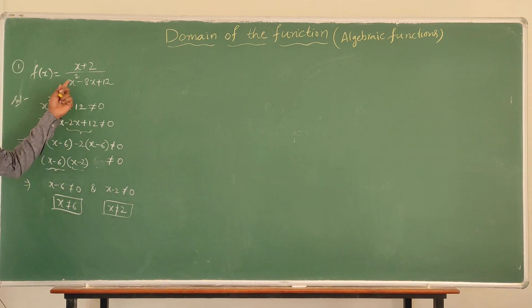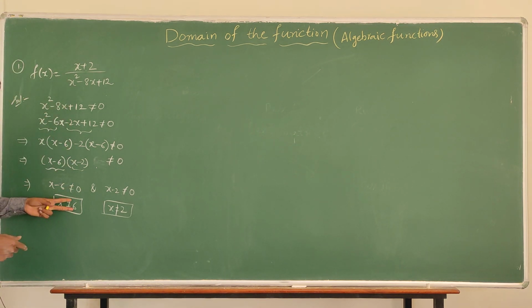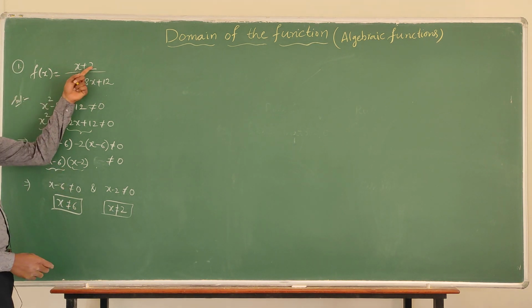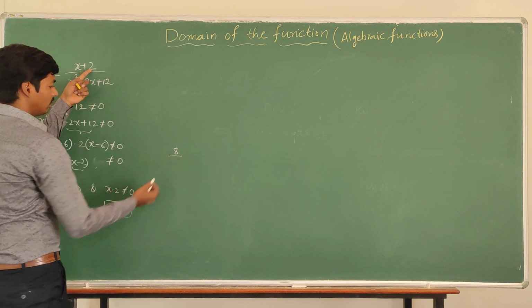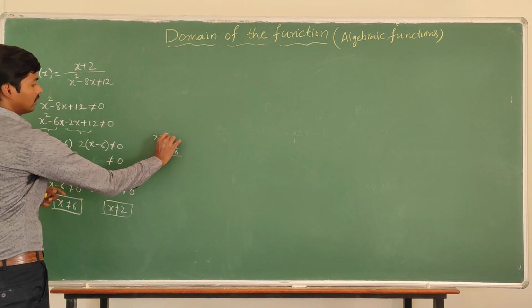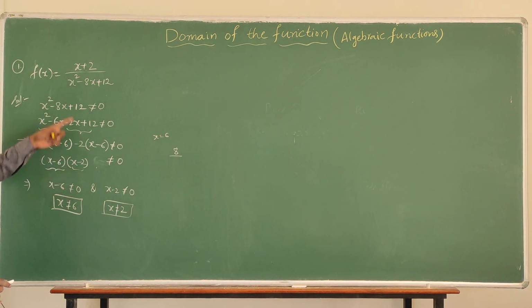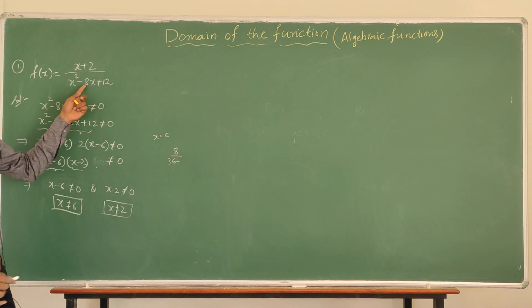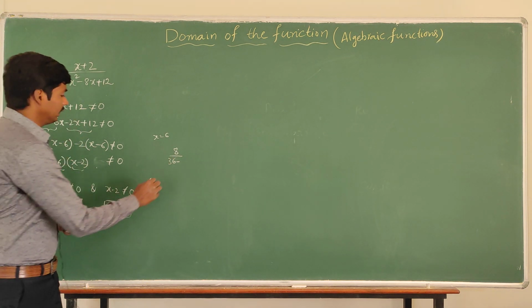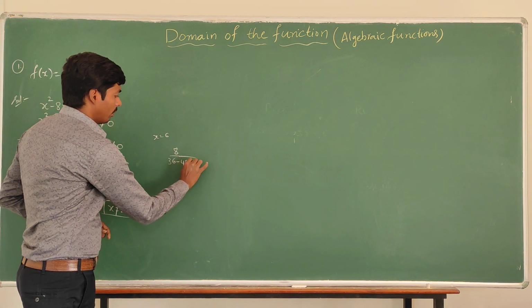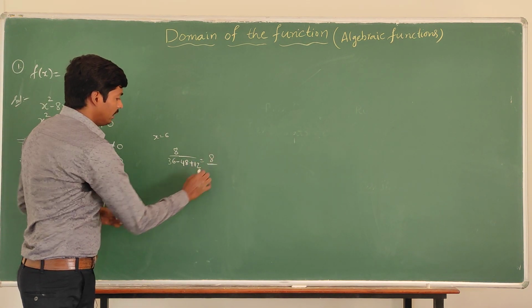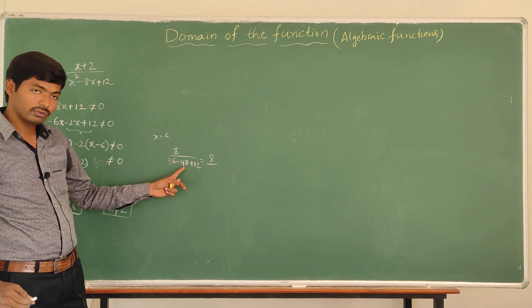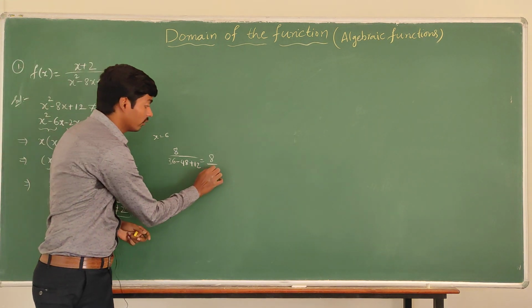Suppose in this expression I substitute 6, what will happen? 6 plus 2, numerator is 8, by 6 square is 36, 36 minus 8 sixes are 48, plus 12. So 8 by (36 minus 48 plus 12), and 36 plus 12 is 48, 48 minus 48 will be 0.